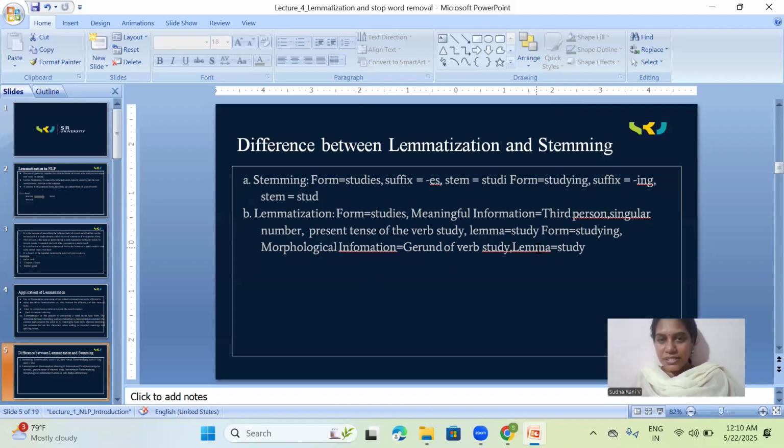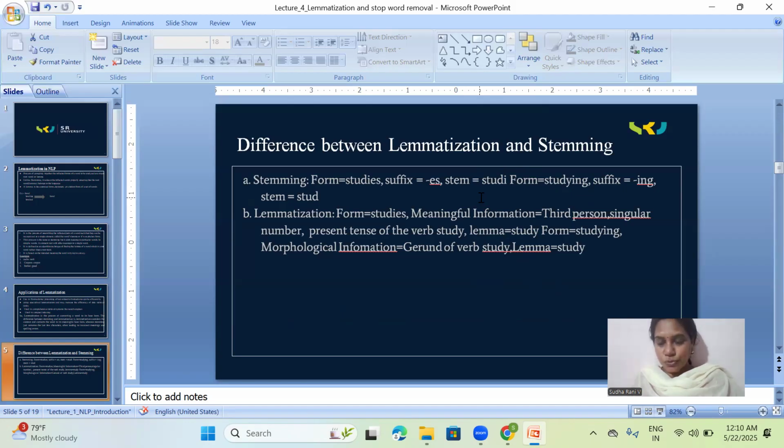So the lemma for studies is study. And for studying, again we are getting the lemma as study only. So this is the difference between stemming and lemmatization.